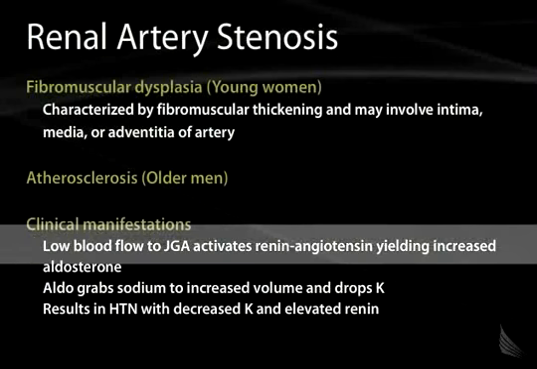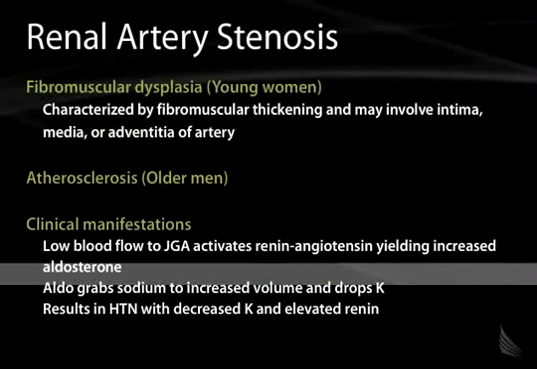Clinical manifestations, or the pathophysiology leading to the clinical manifestations of this disease, are as follows. What happens when you get stenosis of the renal artery is you get decreased blood flow to the kidneys. This is detected by the juxtaglomerular apparatuses we've described in the endocrinology lectures, and that activates the renin-angiotensin system. Basically, the kidney thinks that there's hypotension, that there's hypovolemia, and that activates the renin-angiotensin system and increases aldosterone production.